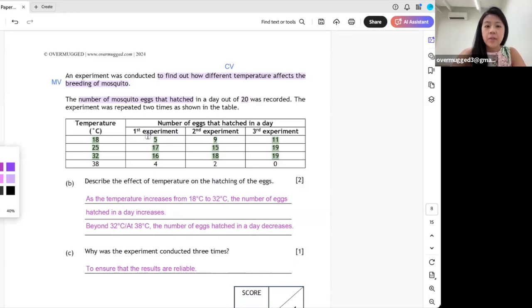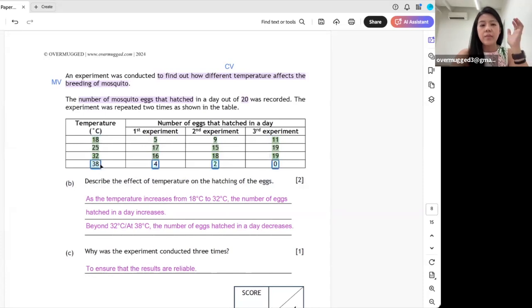In fact, in the first experiment from 5 to 17, second experiment from 9 to 15, third experiment from 11 to 19, you realize there's, in general, an increase in the number of eggs hatched in a day as the temperature increases. On the other hand, our last row here shows that the numbers actually drop. It's a very drastic drop from 16 to 4, 18 to 2, 19 to 0.